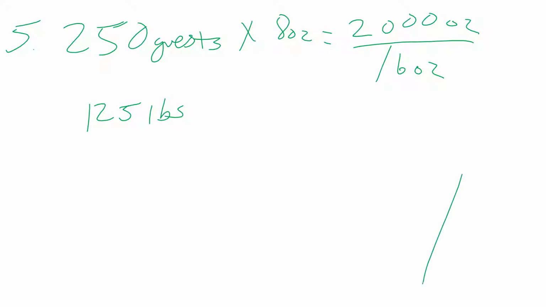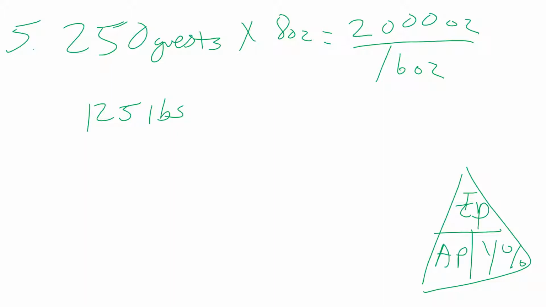So according to my triangle here, edible portion, yield factor, and as purchased, if I cover up what I'm looking for, which is as purchased, what's left over?